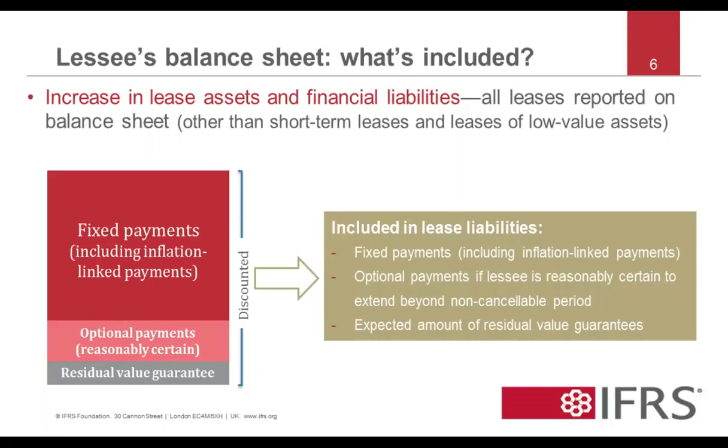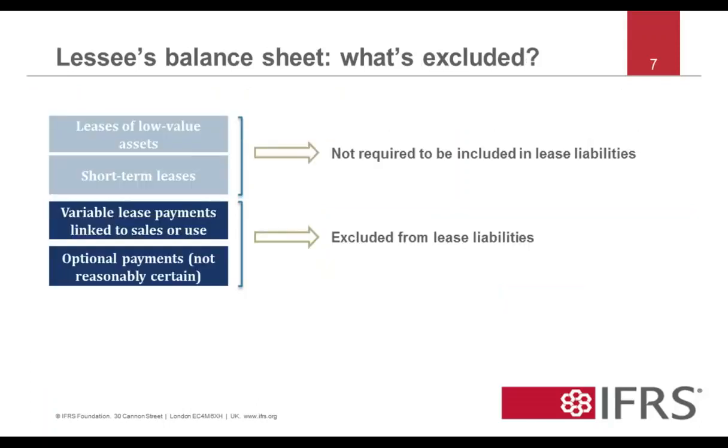Moving to slide 7, in terms of what is not included on the balance sheet. First, IFRS 16 includes two optional recognition exemptions relating to leases of less than 12 months and leases for which the underlying asset is of low value.